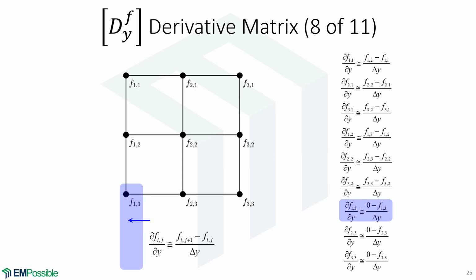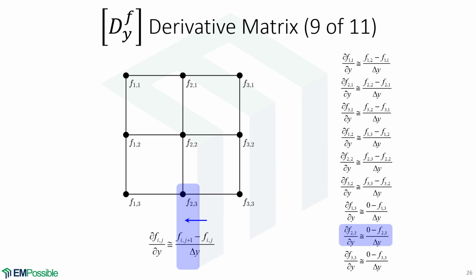We've said that we're applying Dirichlet boundary conditions here, so we will assume everything outside of the grid is 0. That means our finite difference approximation will be written as this field value outside the grid, which is 0, minus F13 divided by the spacing between them, which is delta y. So we have 0 minus F13 divided by delta y.